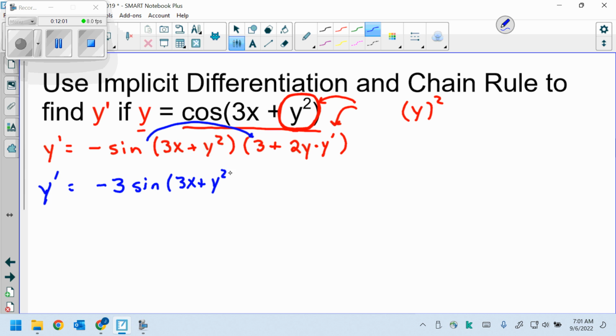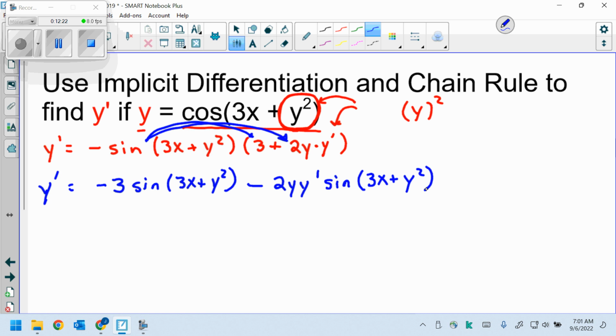Then I have to distribute here and say minus 2y y prime times the sine of 3x plus y squared.